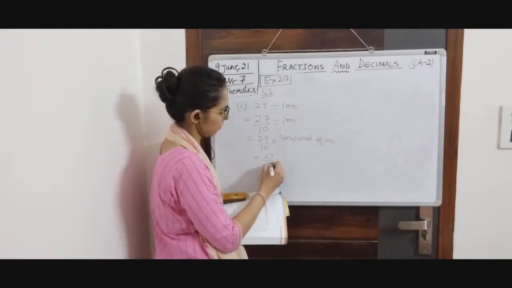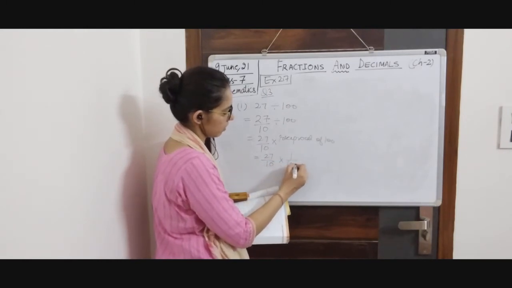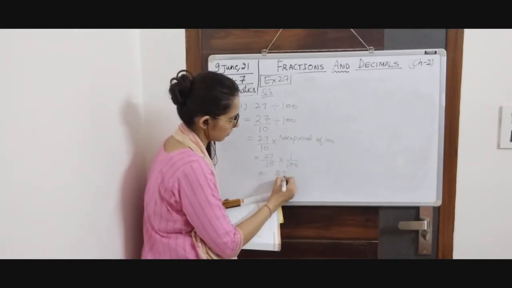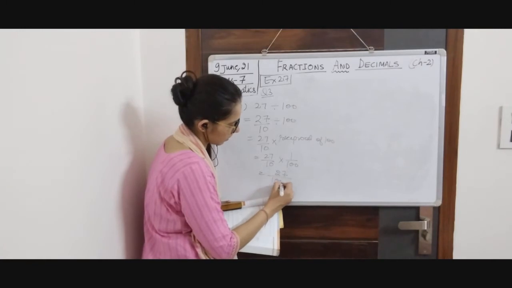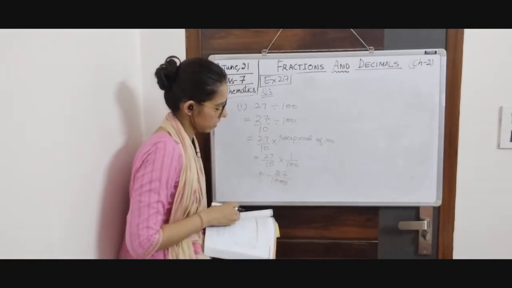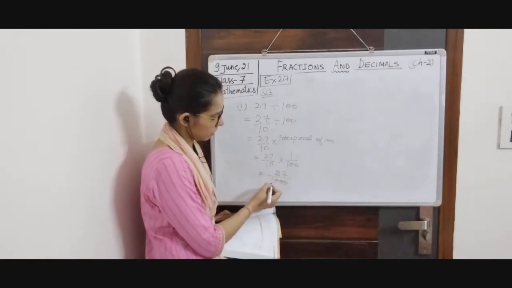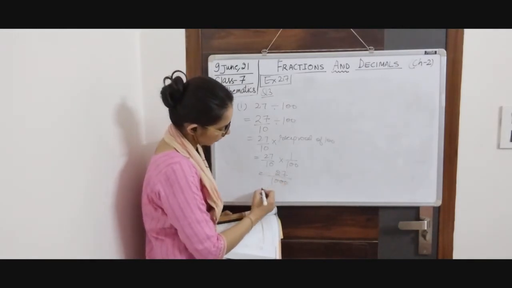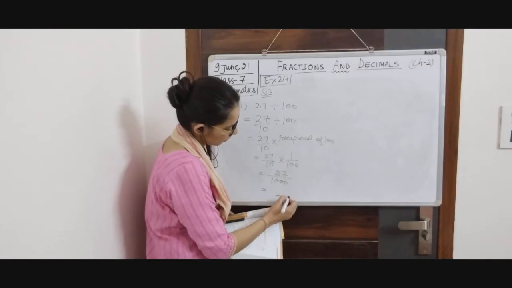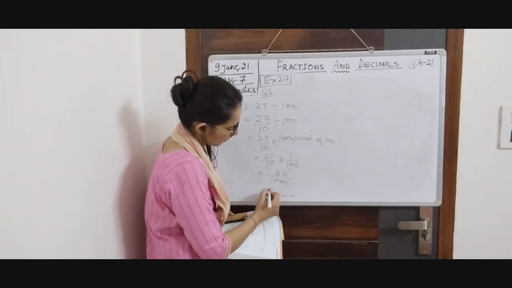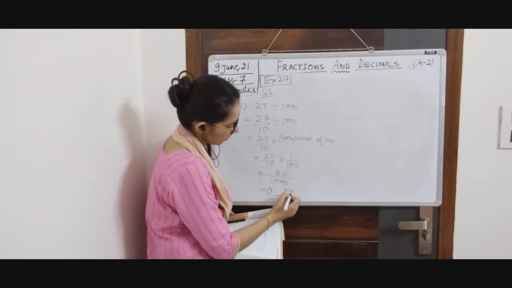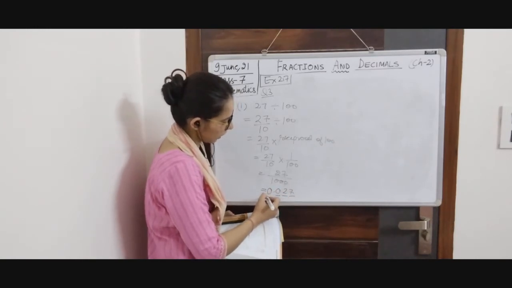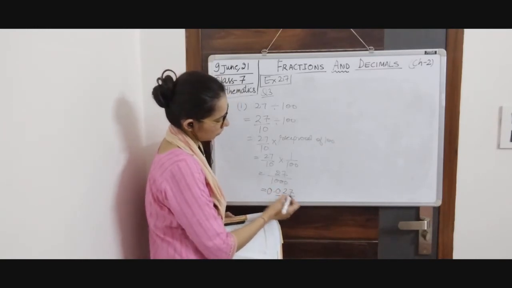So 27 into 1 by 100 will be equal to 27 by 1000. Here we have to put the decimal before 3 numbers. Here we have 27, which means we have to put 0. So your answer will be 0.027.